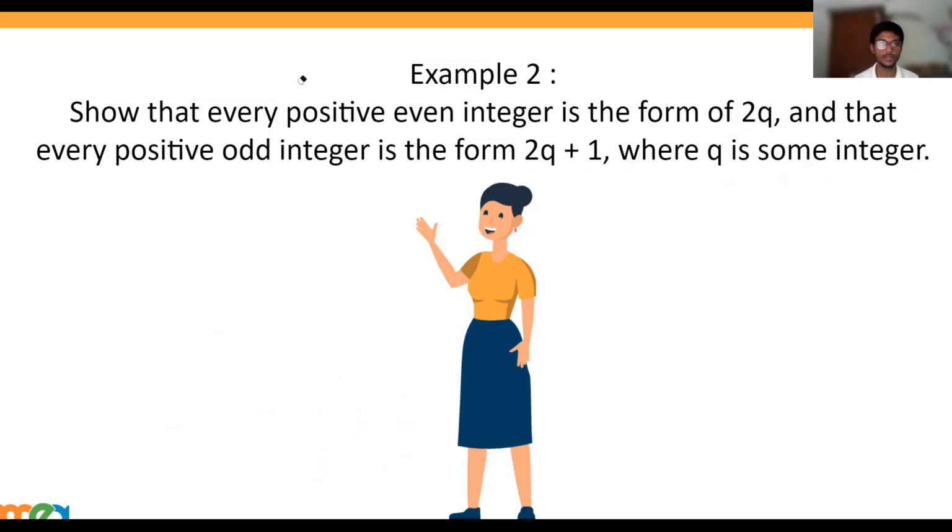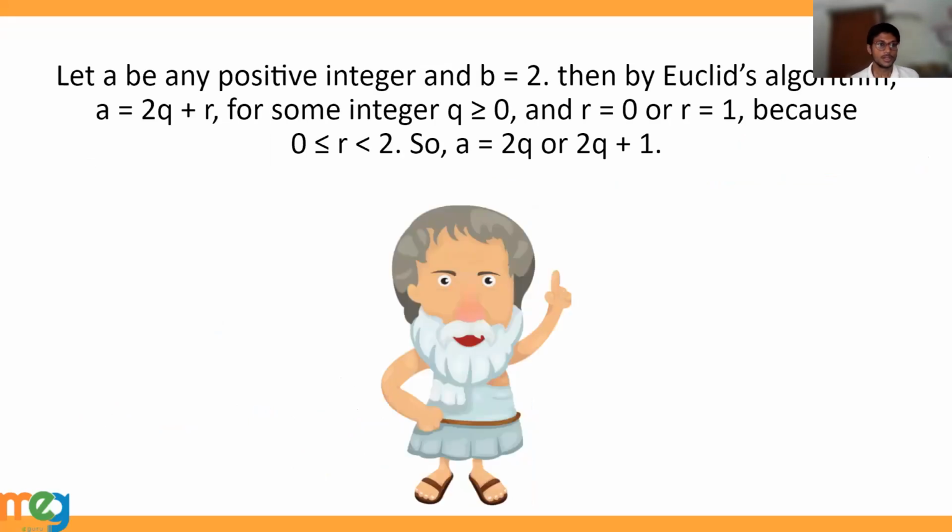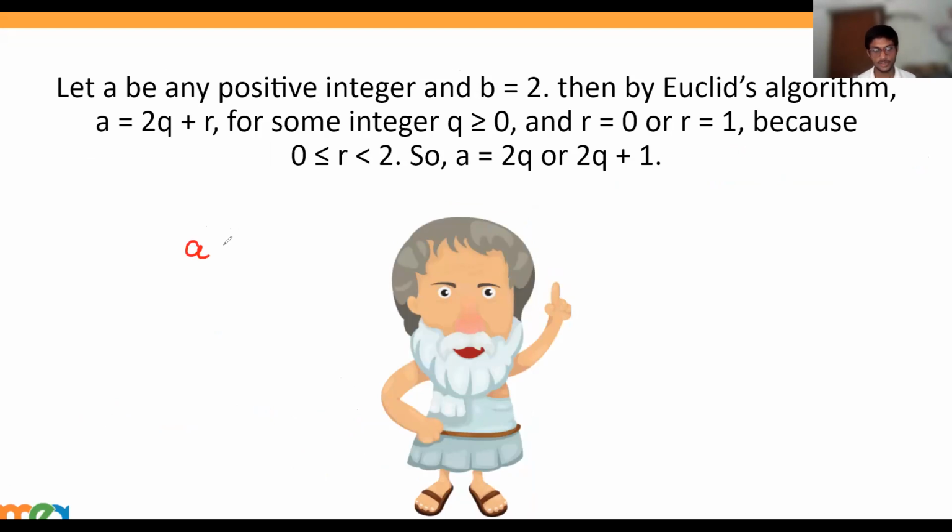Further moving on, the question is we have to prove that every even integer is of the form 2q and every odd integer is of the form 2q plus 1. Going with Euclid's algorithm, let's consider a as any positive integer and b equal to 2.